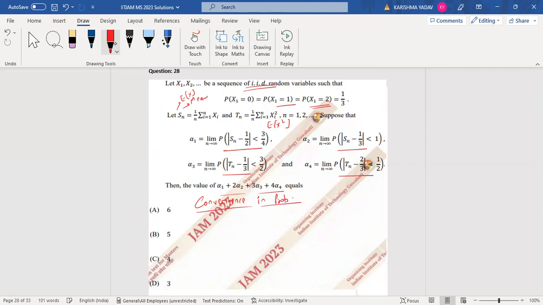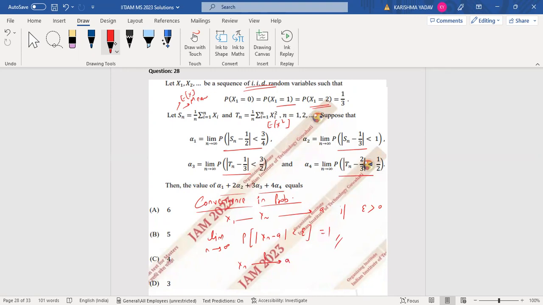If we have a sequence of random variables, x1 to xn, this is said to converge in probability to some constant a if for any epsilon greater than 0, limit n tends to infinity, probability of mod of xn minus a less than epsilon is equal to 1. Or you can also write it as xn converging in probability to a.